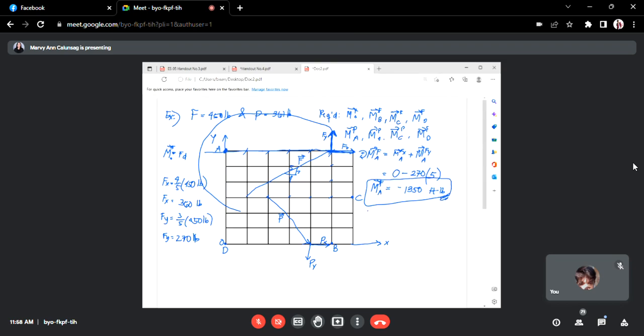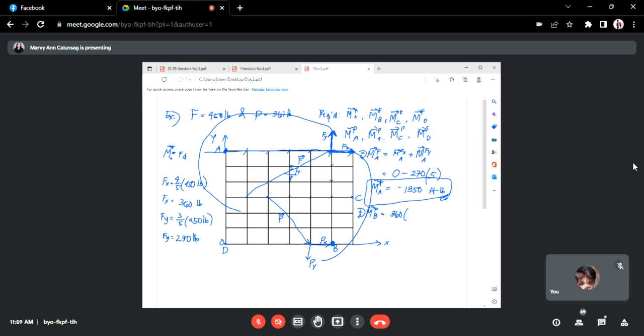Next, the moment of F about point B. It is the moment of Fx, again considering clockwise rotation as positive. Here is B. Fx is 360. Is it positive or negative? It turns toward B clockwise, so positive.